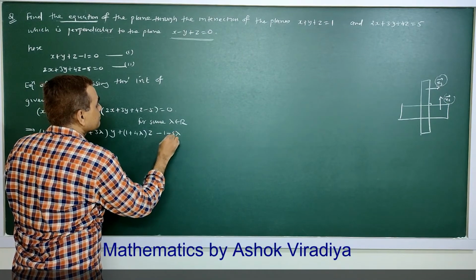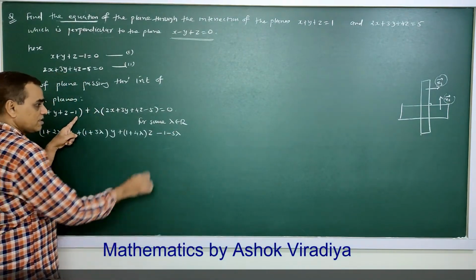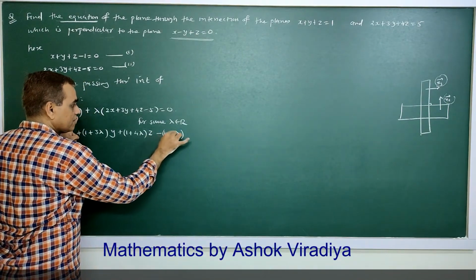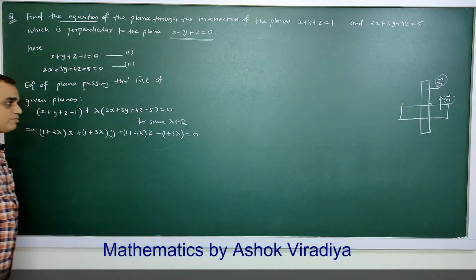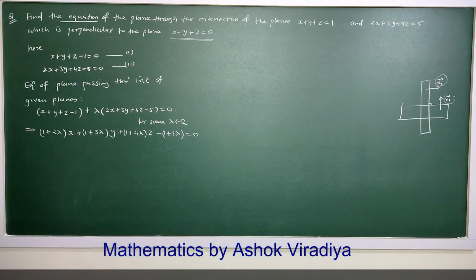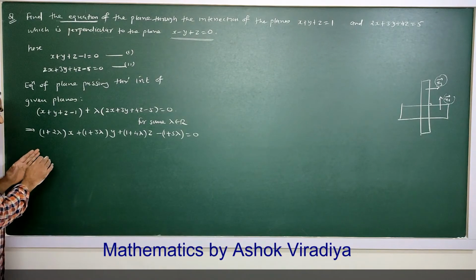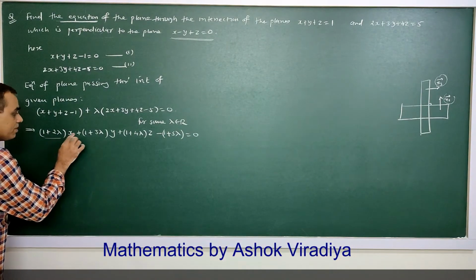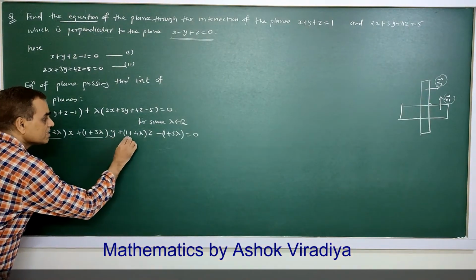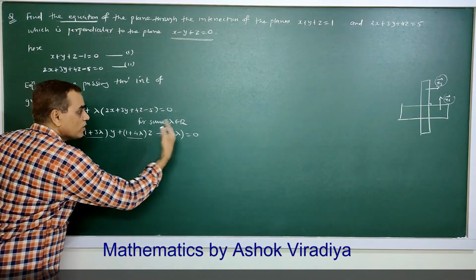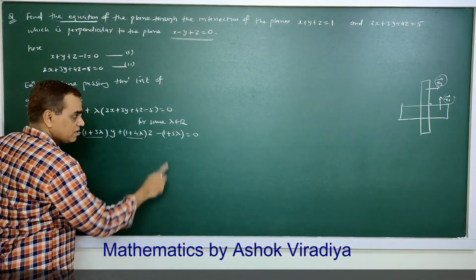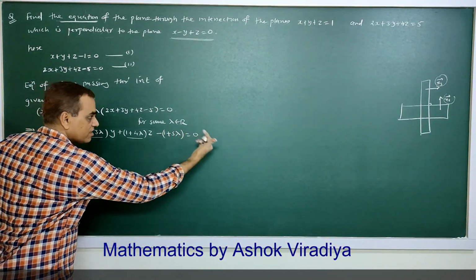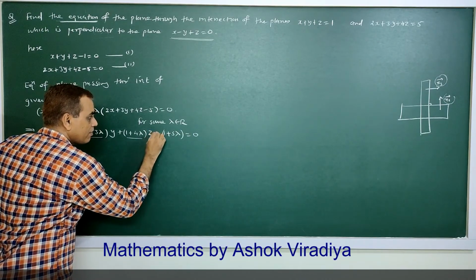Taking minus common, this is 0. So this is the equation of the plane in ax plus by plus cz equal to d. This can be shifted to the other side, so it will then be positive.